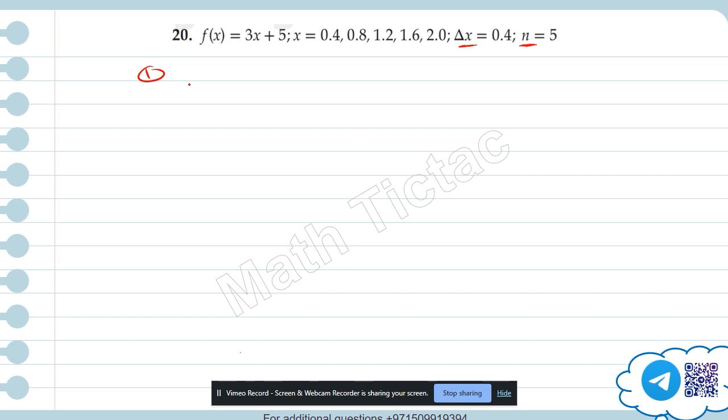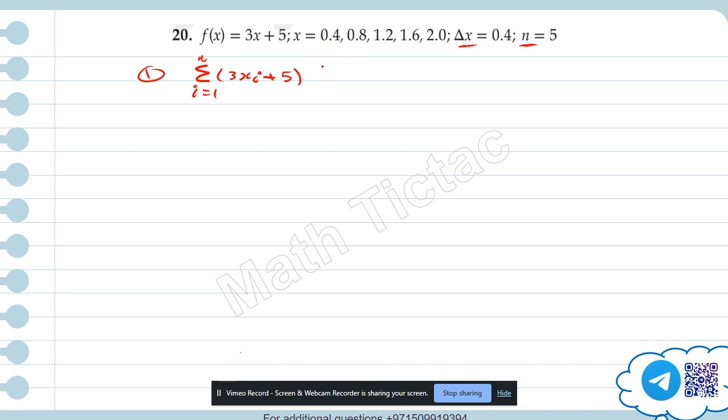Here I will say i equals 1, and here n. Then I'll start by writing the relation that I have, which is 3xi plus 5, multiplied by delta x, which is equal to 0.4.